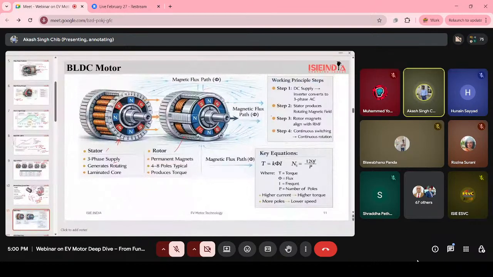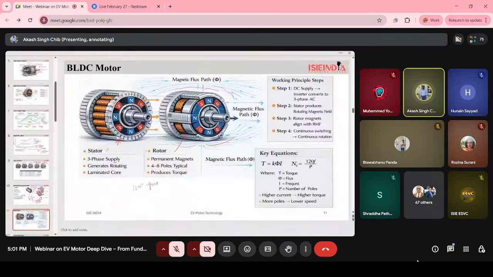Basically, in this motor we are getting a three-phase AC supply, and these three phases are 120 degrees apart. The stator part produces the rotating magnetic field inside the copper windings. You can see how the magnetic field looks. It generates a rotating magnetic field inside the stator.